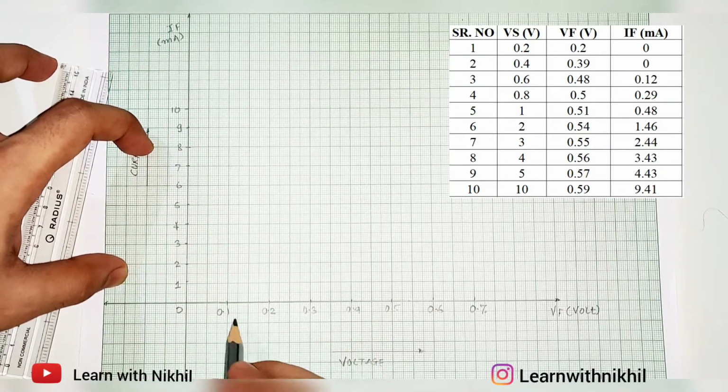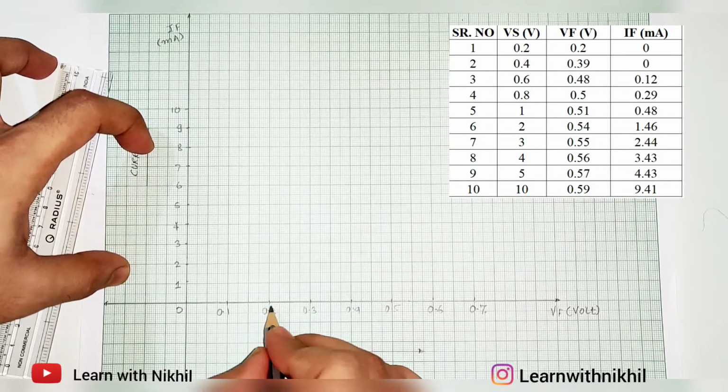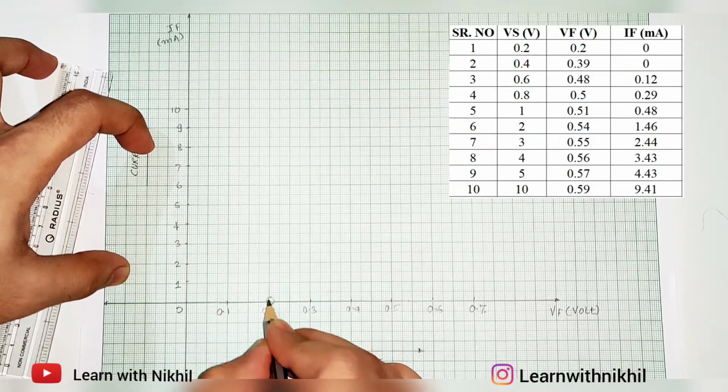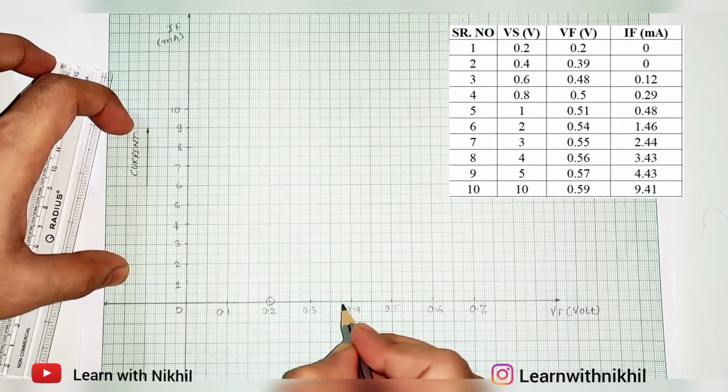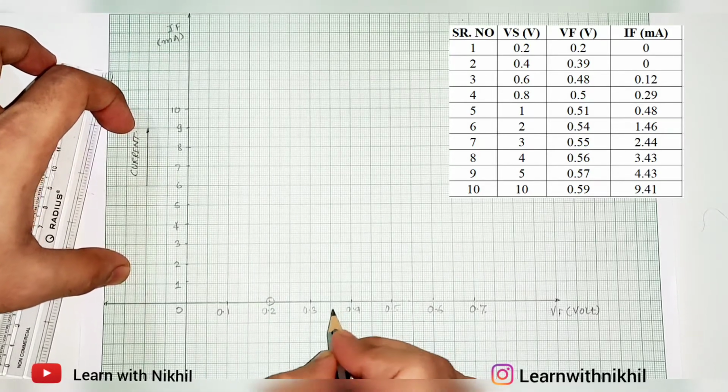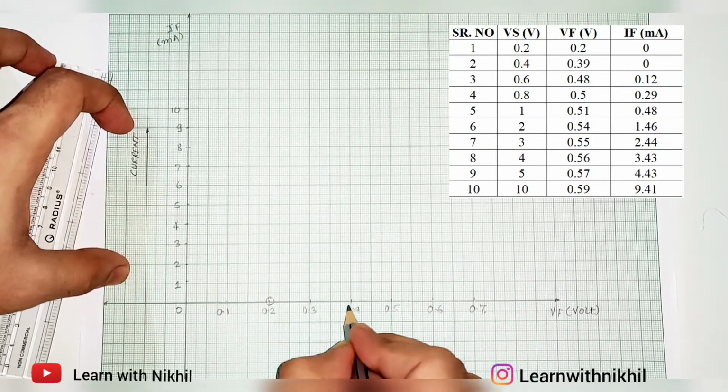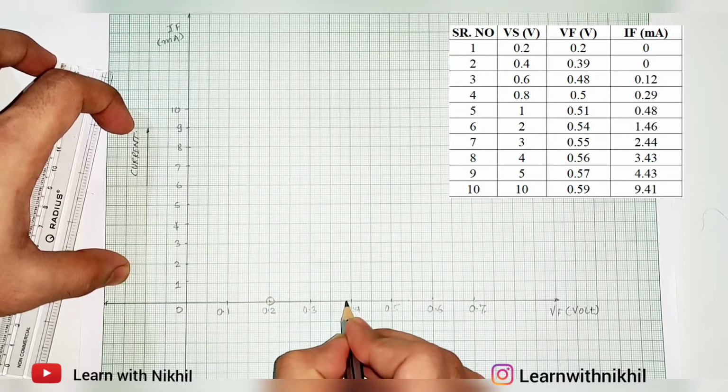Now marking the points. First point, for 0.2 volts current is 0, so it will be on the axis. For 0.39 volts your current is again 0.